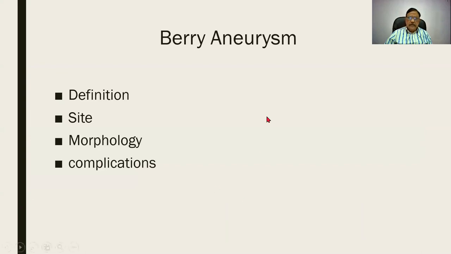Another aneurysm that we should have in mind will be the berry aneurysm, very frequently asked as a university question. It is called a berry aneurysm because it resembles a berry, a fruit that is hardly about 1.5 centimeters in diameter. What is the definition?